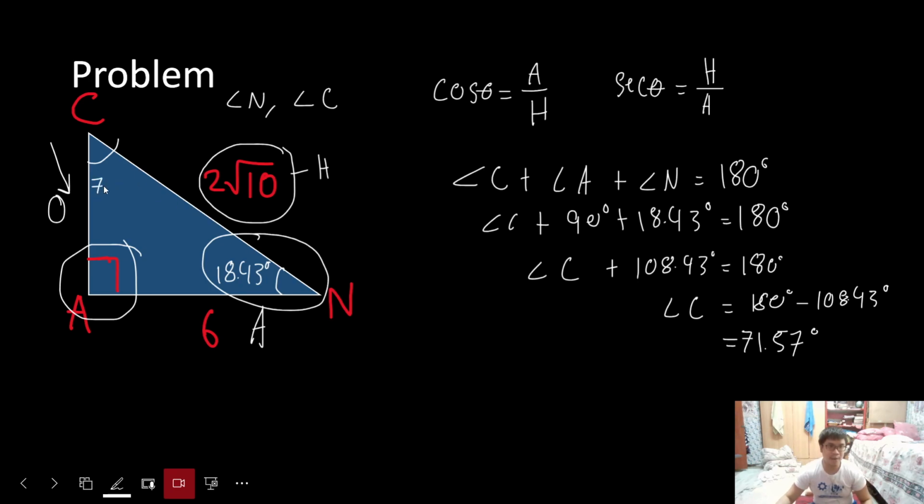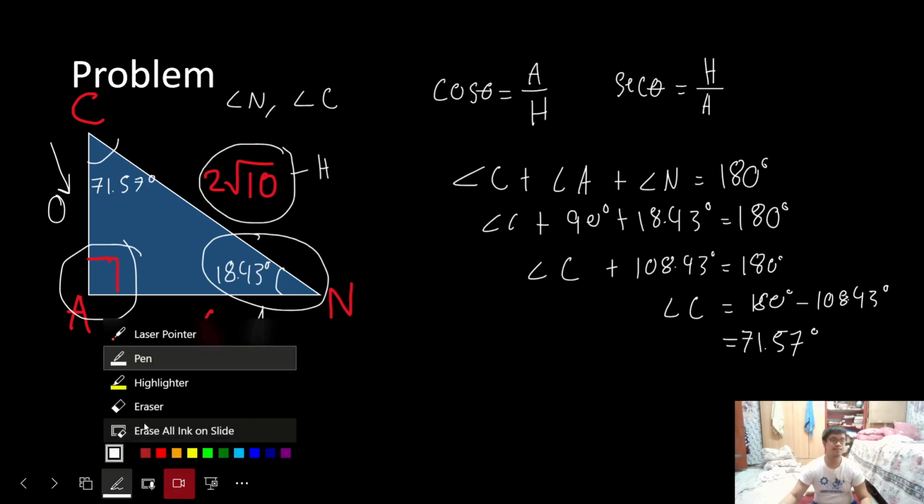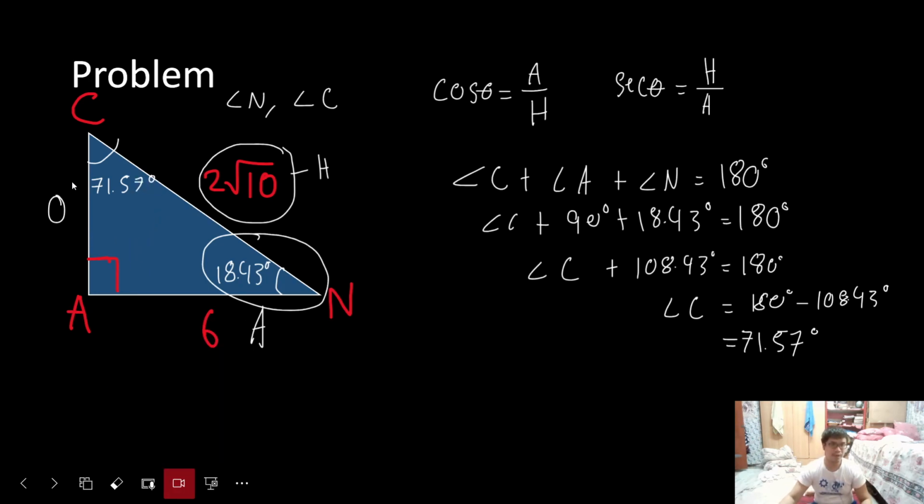And that is our answer, 71.57 degrees. There we go. That's it. We're done. But again, if you have your own technique, it's okay. There's no problem with me anyway, as long as it's correct.